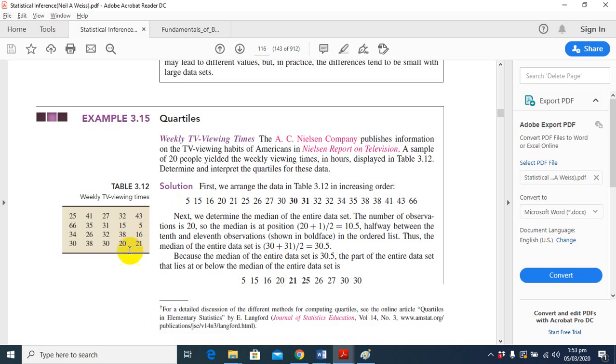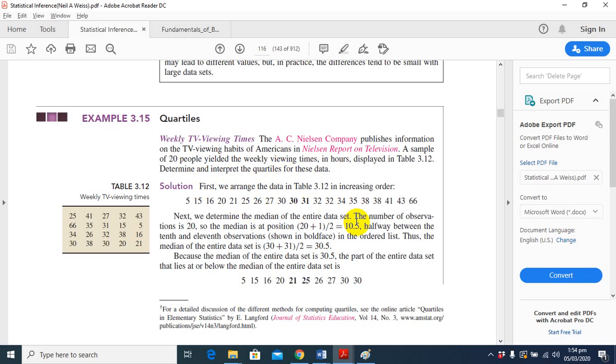Here the data is arranged in increasing order, and you need to determine the quartiles for this data set.